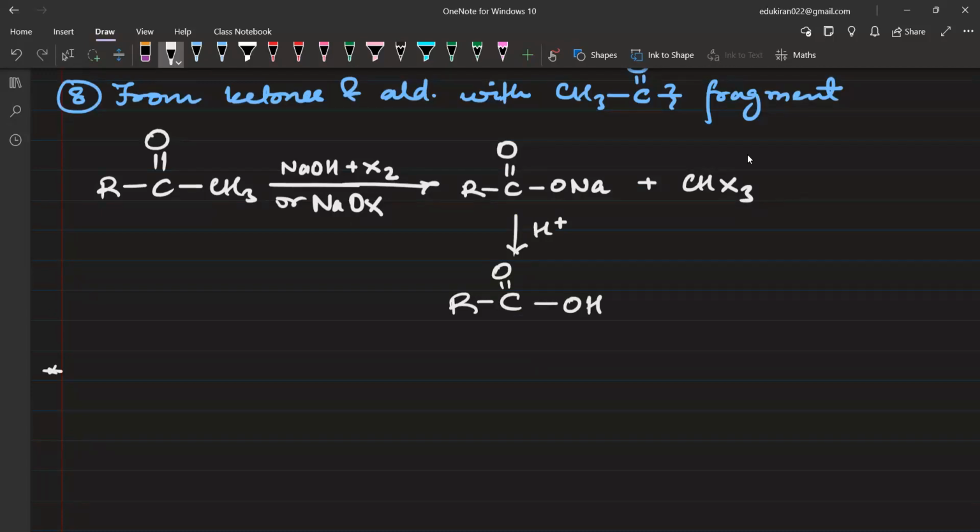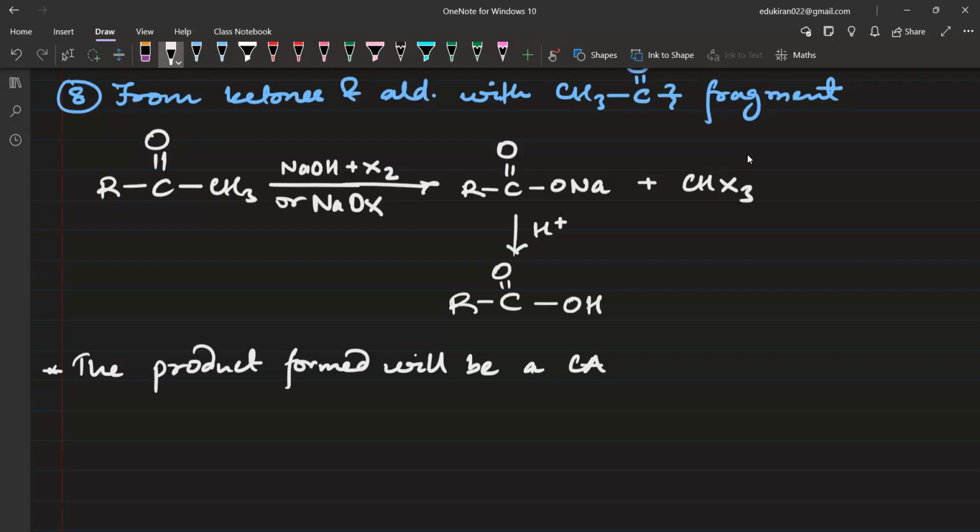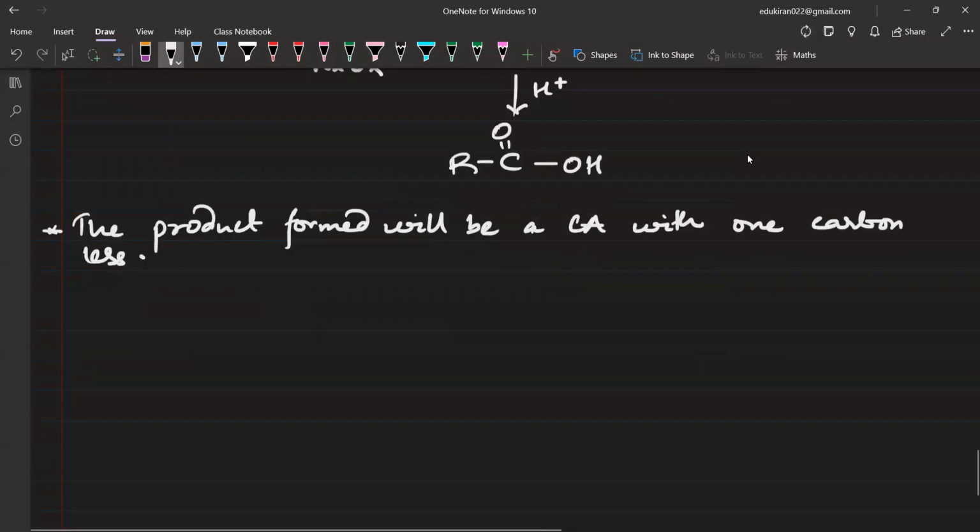Now, important point here is the product formed will be a carboxylic acid with one carbon less. ठीक है? तो यहाँ पे आपके पास कई सारे एग्जांपल्स आ सकते हैं.